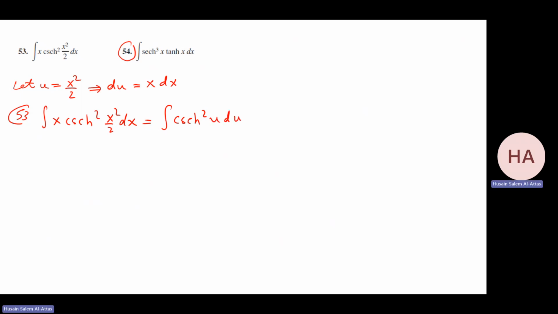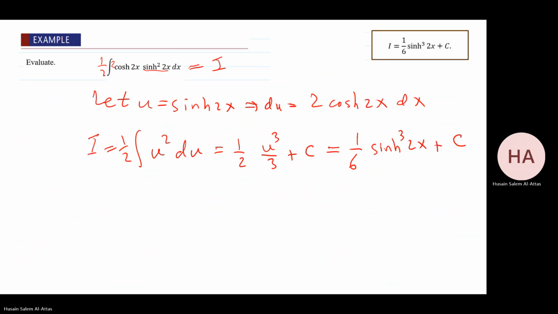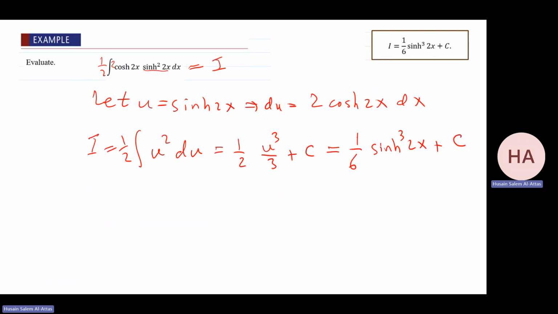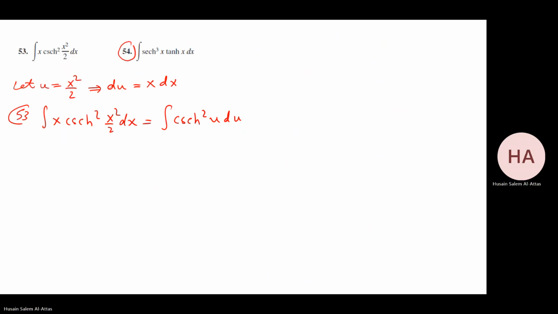What is cosecant hyperbolic square? If you go back to the formulas, it is minus cotan hyperbolic. So that gives me minus cotan hyperbolic u, which is x squared over 2 plus c.